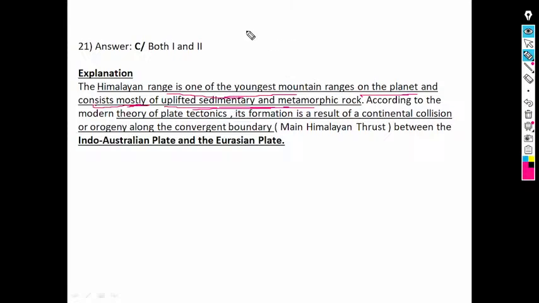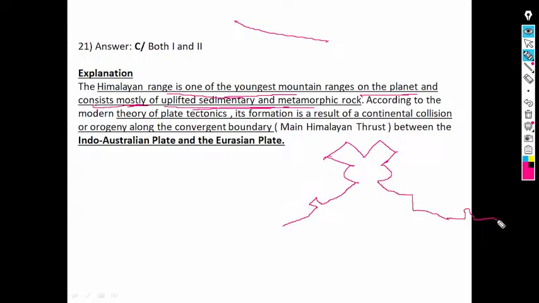With the diagram it is clearer. So these are the Himalayan ranges. Here this is the Trans Himalaya, this is the Greater Himalaya, this is the Middle Himalaya, and this is the Siwaliks. So, uplifted sedimentary and metamorphic rock.